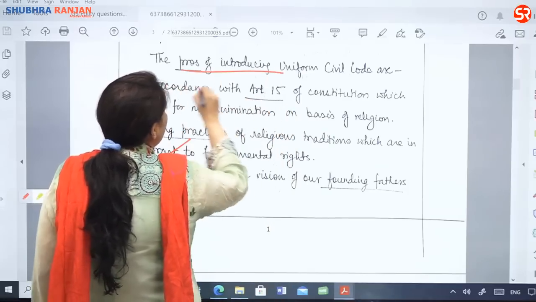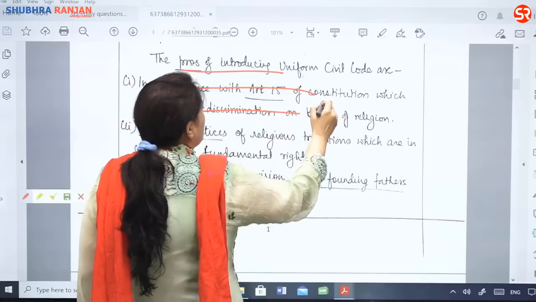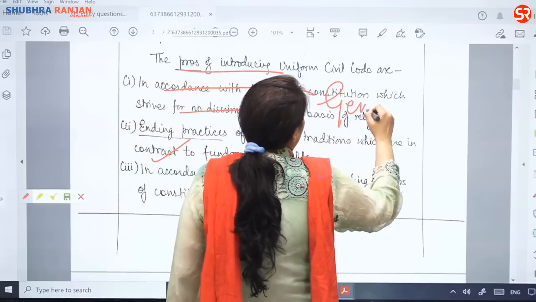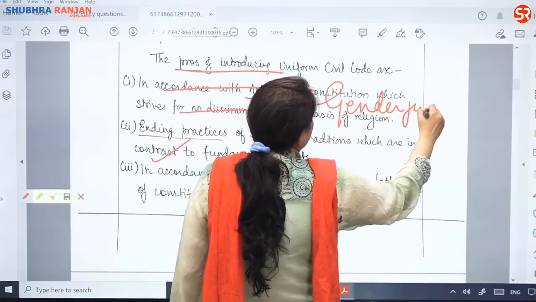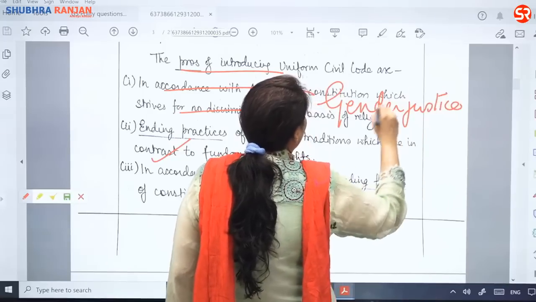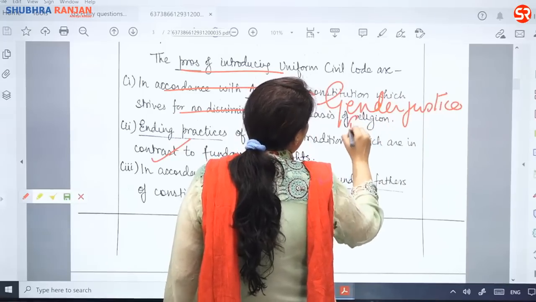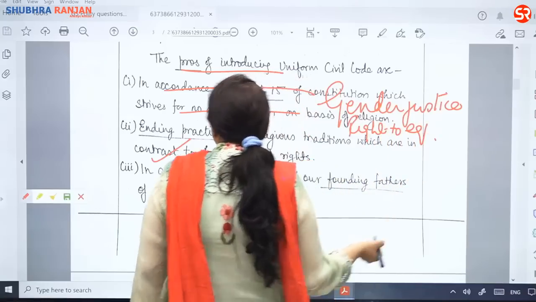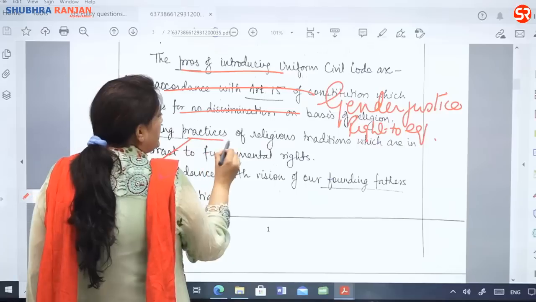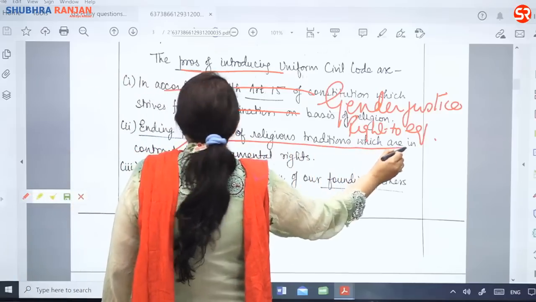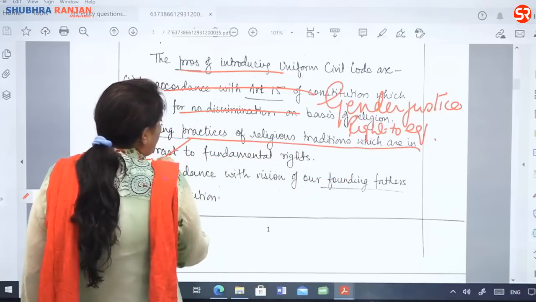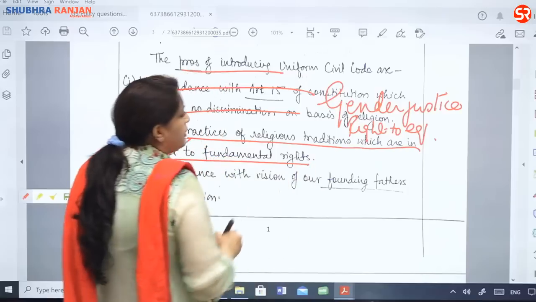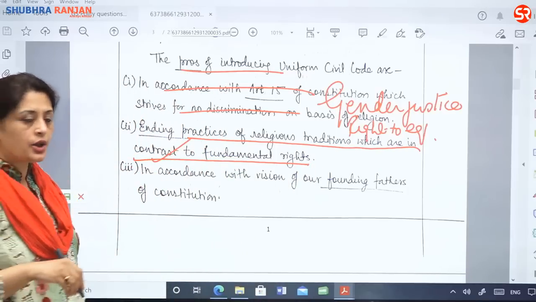So it will strengthen the idea of gender justice, and it will give meaning to the right to equality, and it will end the practices of the religious tradition which are in contrast to fundamental rights. So don't be so harsh.